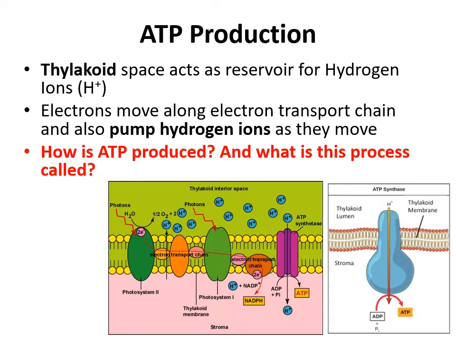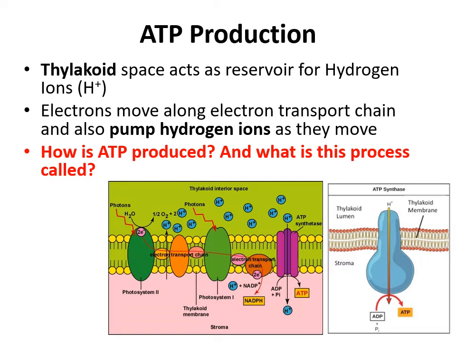So remember, in the earlier chapters, we mentioned kinetic energy is movement, okay, movement energy. And that allows the ATP synthase to then produce the ATP, which I reminded you before. It produces it by adding a phosphate group to ADP, and we call that chemiosmosis.